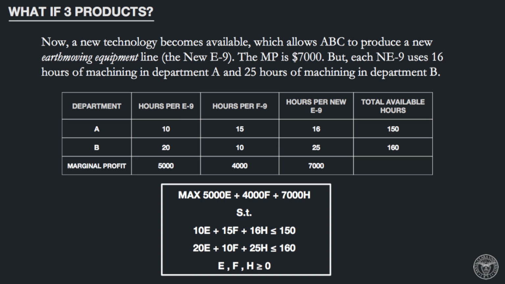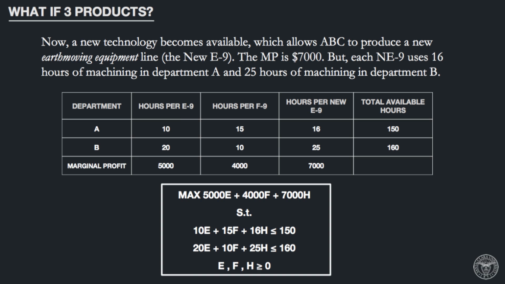Again, we have this relation table for the three products. We have Departments A and B, and we have products E9, F9, and new E9. We can use the notation H to stand for the new one, so that we have this LP model.